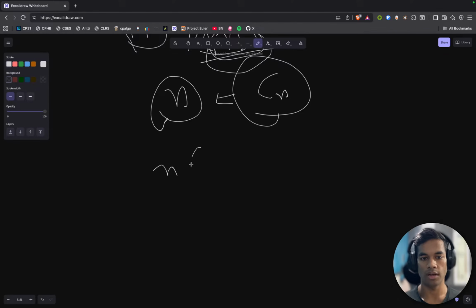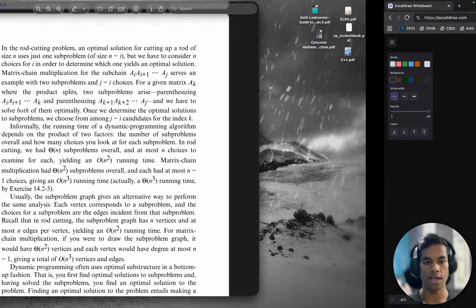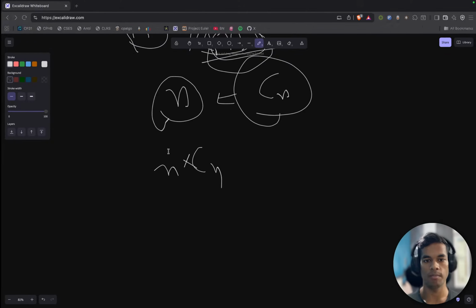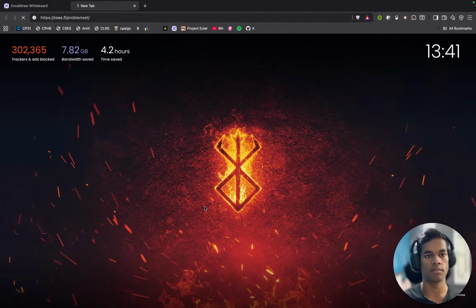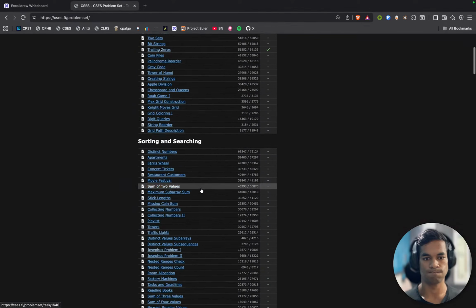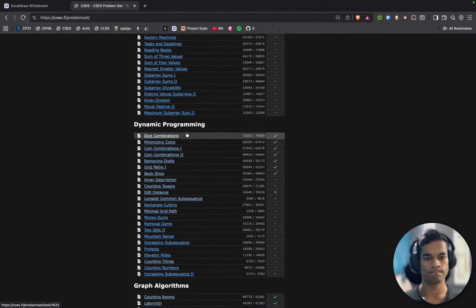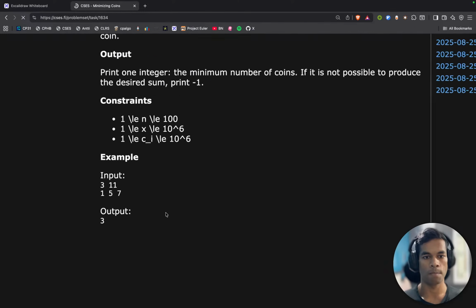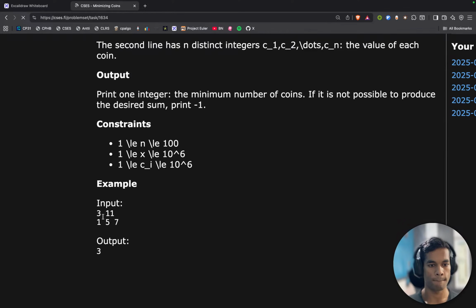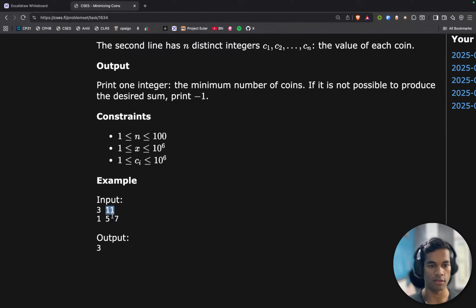So the total running time, approximately, informally, is n into Cn. And in CSES, coin combinations, minimizing coins: there are 3 coins. This is our size n.